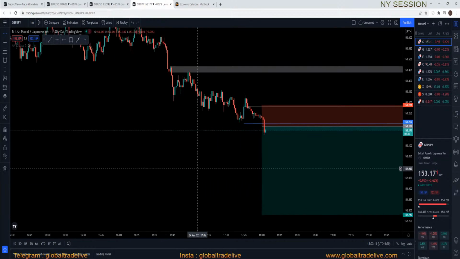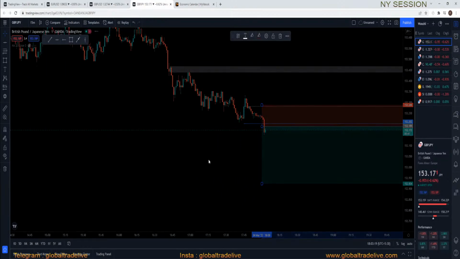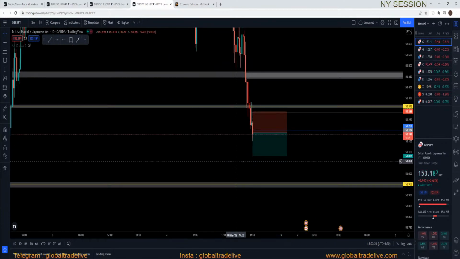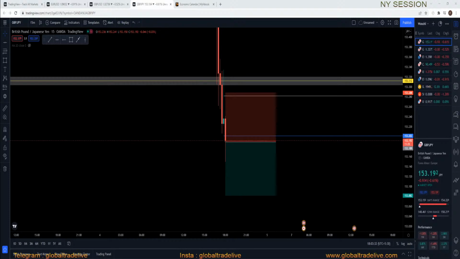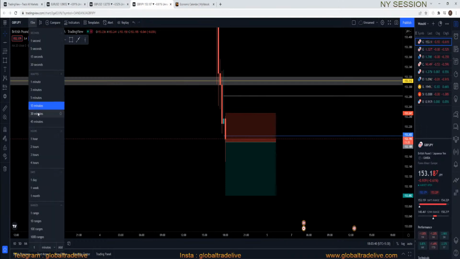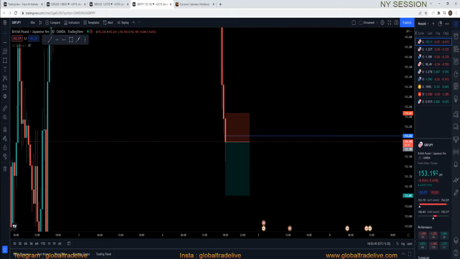Anticipating for the price to move down in like 10 pips. Actually, I'm gonna keep my stops above this area, this high. Yeah, 153, 247.